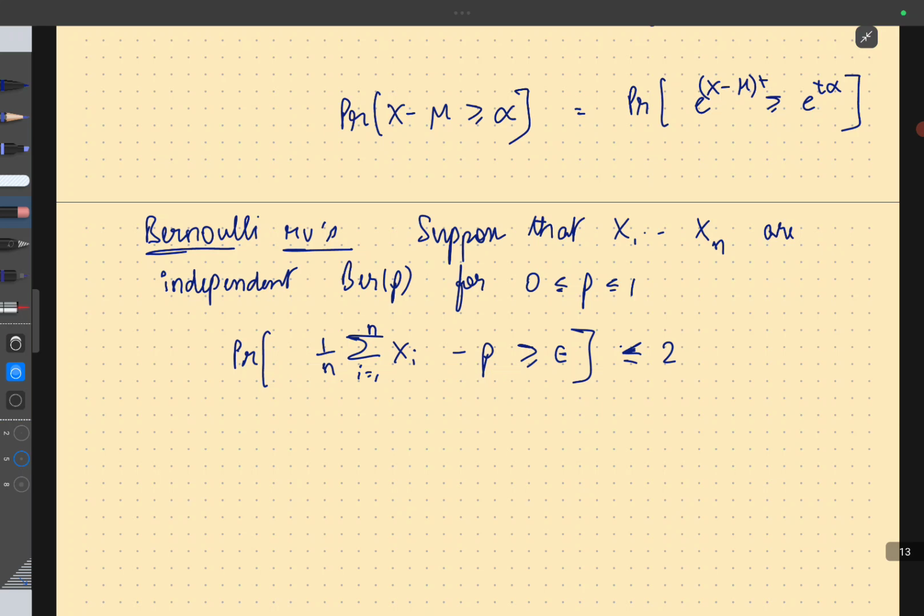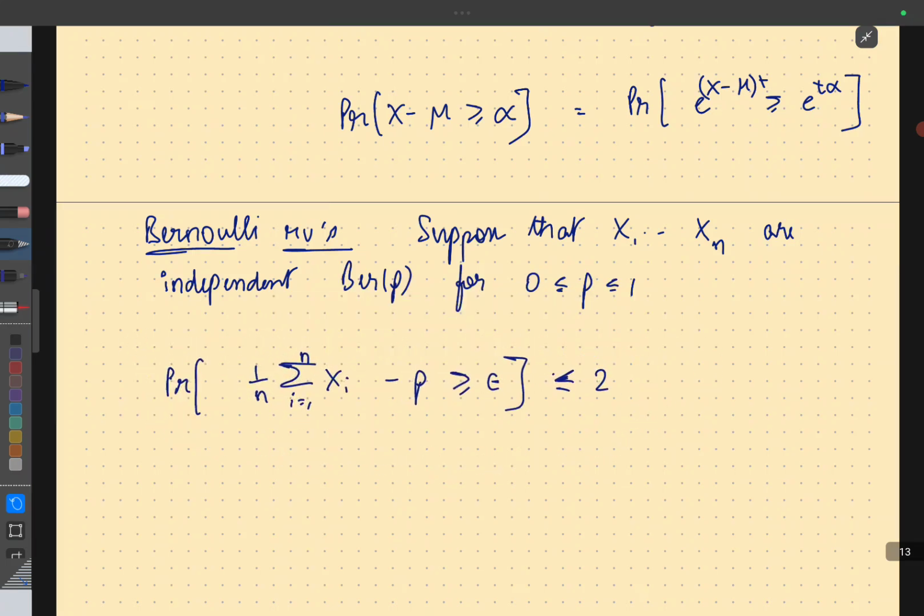What is the probability that the empirical average of the xi's is greater than p by an amount of epsilon? Let me say not just epsilon, but epsilon times p.